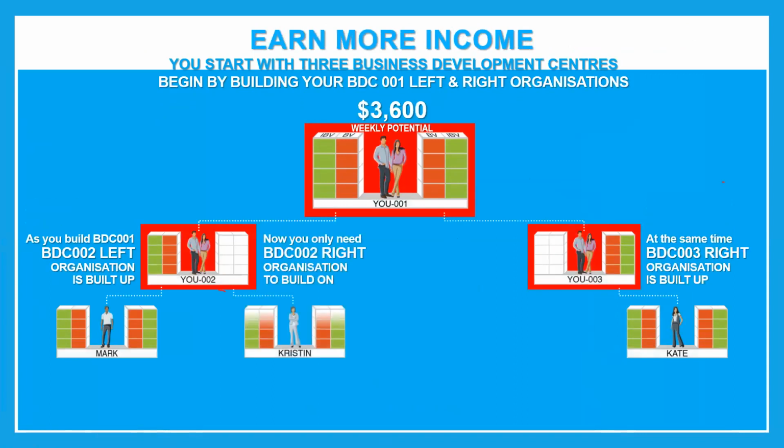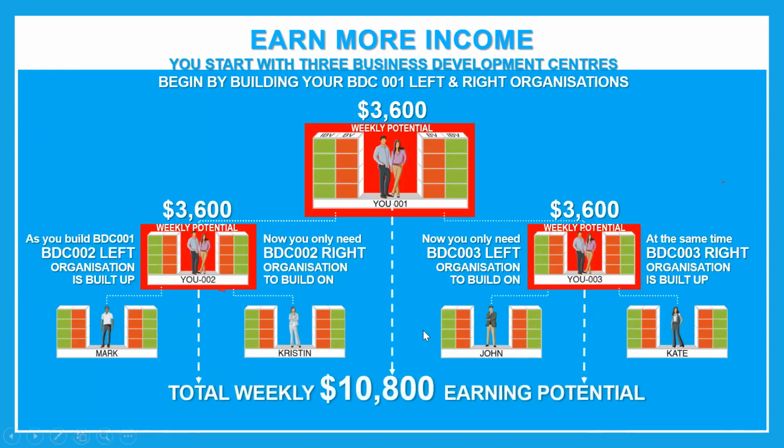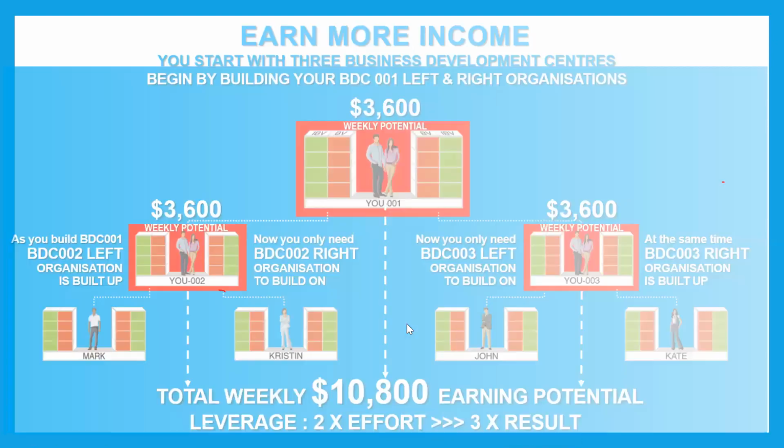All you need to do is work on your 002 right and your 003 left, and you will also earn the 3,600 weekly potential amount for each of 002 and 003. So if you are able to max out the potential 3,600 per week for all 3 of your 001, 2, 3, then you will be able to earn 10,800 earning potential.